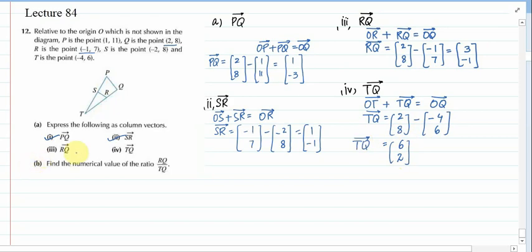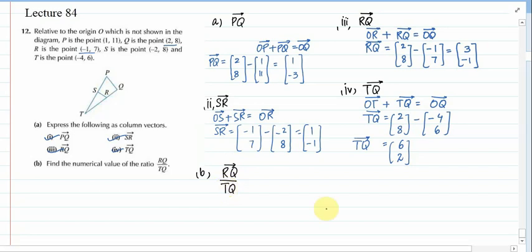For the second part, it says find the numerical value of RQ over TQ. Part B. We need to find RQ divided by TQ. Now if you observe these two, RQ and TQ, can you find a relation?